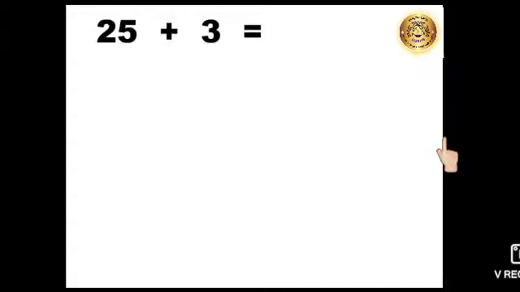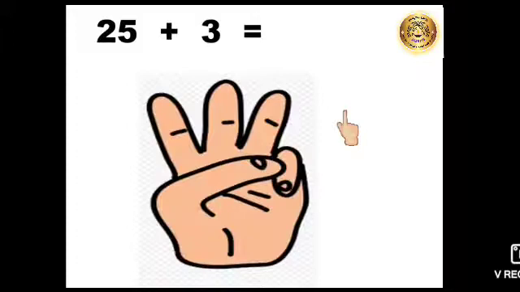Again, we will see one more example by using our fingers. Here we have the addition of 25 plus 3. So how do we add it? First you have to see 25 is a bigger number than 3, and 3 is the smaller number. So first take out 3 fingers, which is the smaller number.